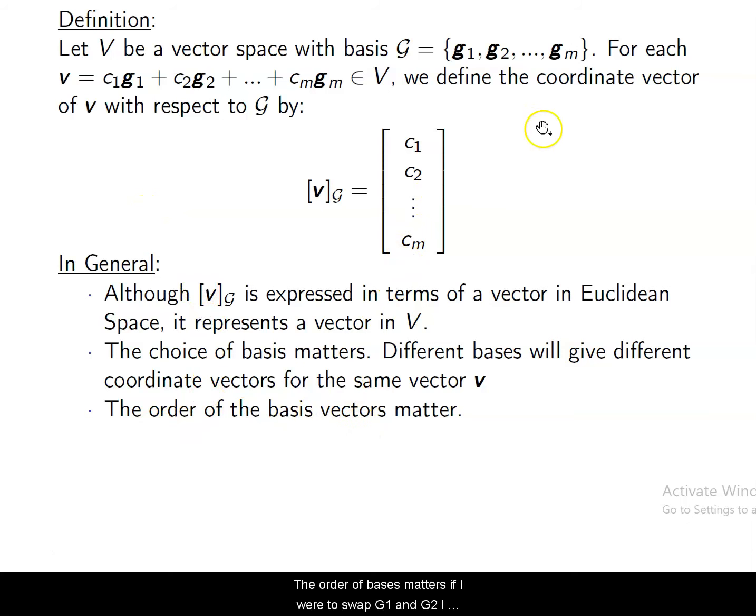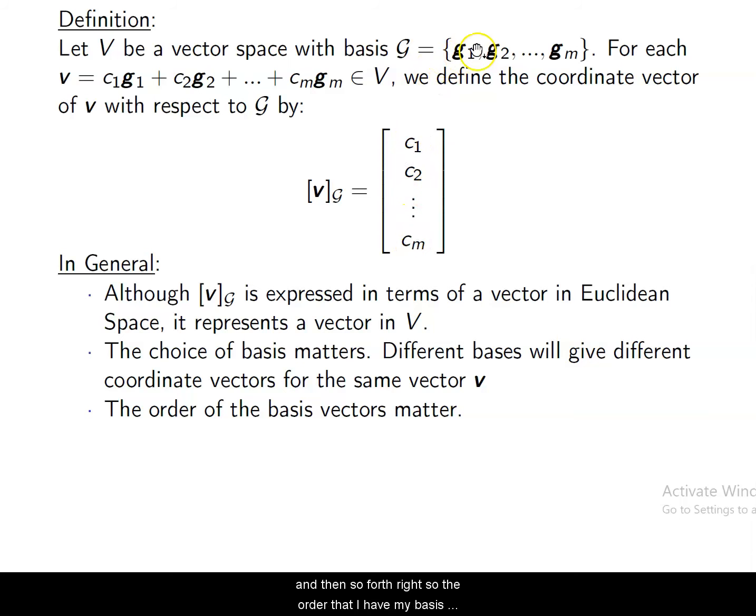The order of the basis vectors matters. If I were to swap G1 and G2, I would also have to swap C1 and C2, and then my coordinate vector representation with respect to G would change. It would be C2, C1, and so forth.